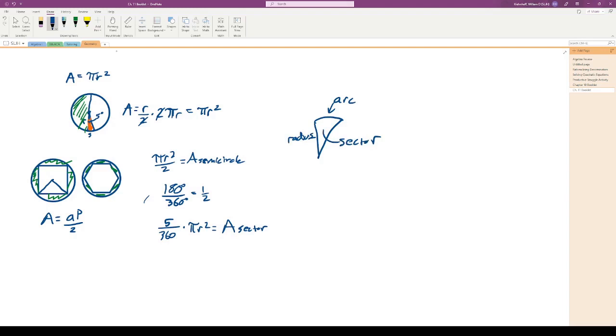So really, sectors are just the same fraction of the area as arc length is a fraction of the circumference. So arc length over circumference is the same as sector area over total area of the circle.